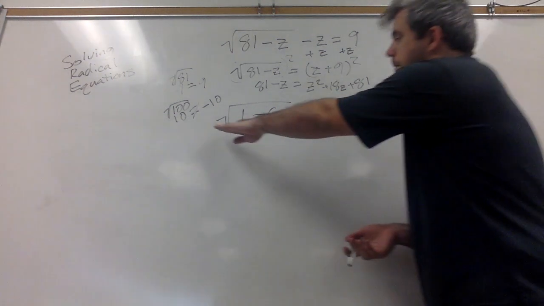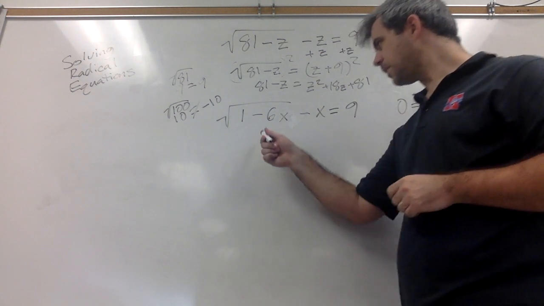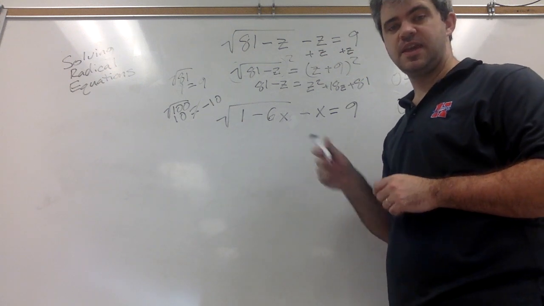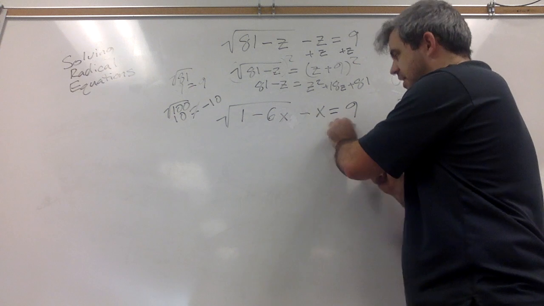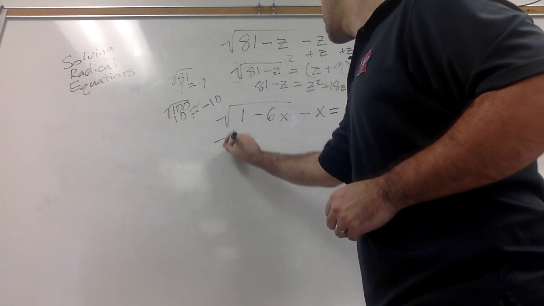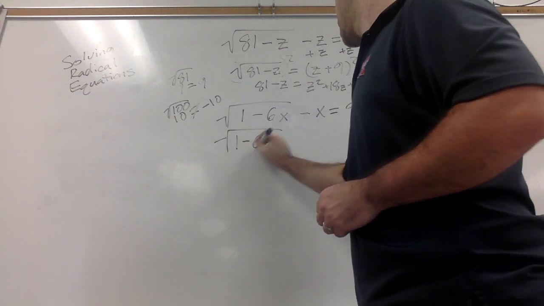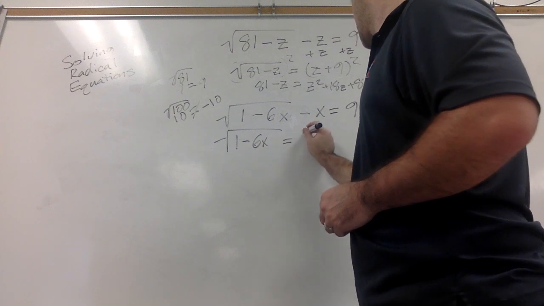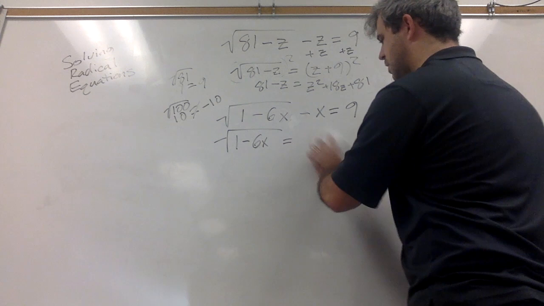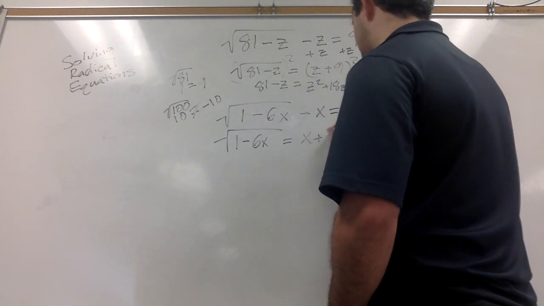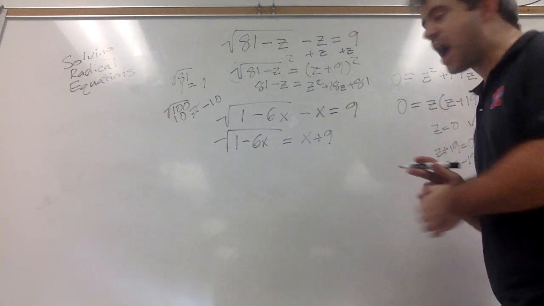Okay, let's try one more. Again, the radical is not isolated. So let's get that by itself. Okay, I'm going to write that as x plus 9, just because that's how we're used to seeing it.